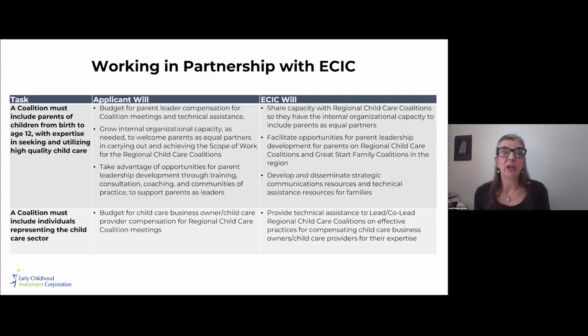We also encourage you to take advantage of the opportunities that we're going to be making available to you, that you'll hear more about in just a moment, about resources that we're going to bring directly to regions for parent leadership development, so that we're able to build a cadre of parent and family leaders throughout Michigan that can help us to support the policymaker education that needs to take place so that we continue to support systems change.